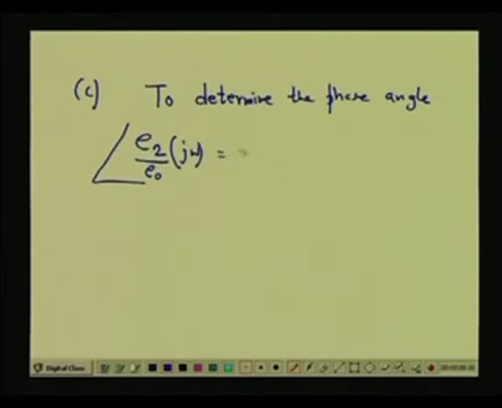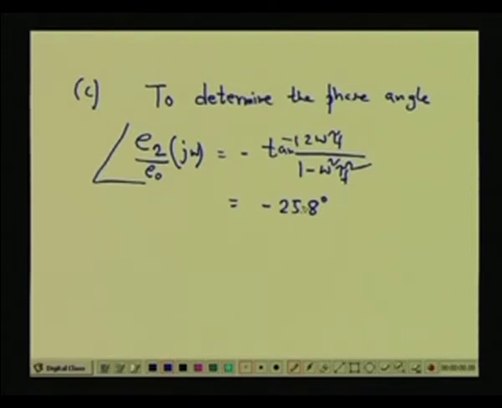j omega, minus tan inverse 2 omega tau f upon 1 minus omega square tau f square. So, this will give you minus 25.8 degree, right.